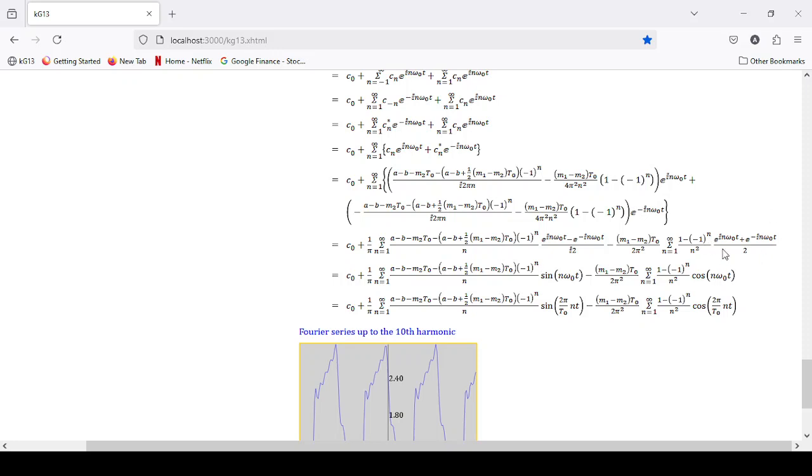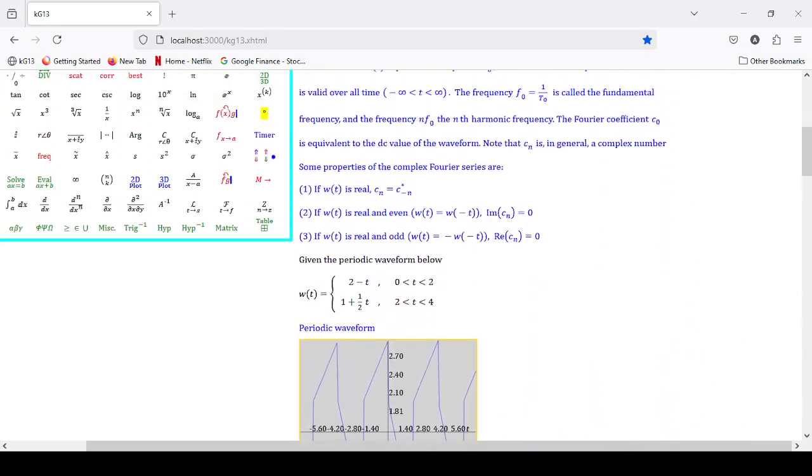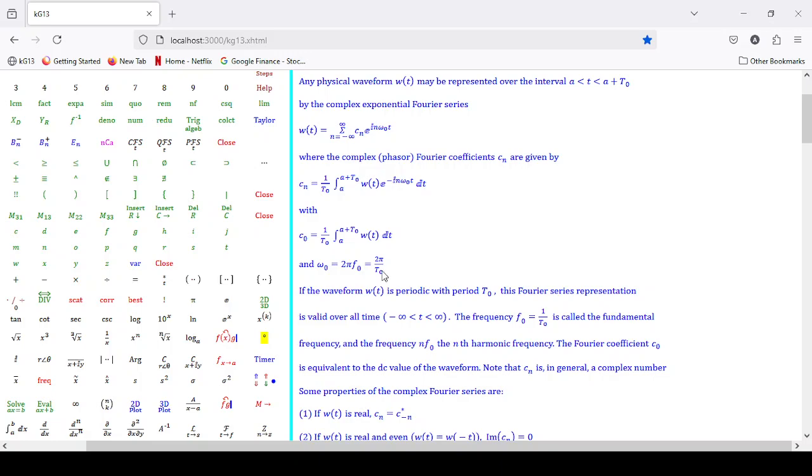That is just the cosine of n omega naught t, again related to Euler's formula. So instead of this, we will say sine, and instead of this, we will say cos. And the omega naught is just 2 pi over T naught, as we have remarked right at the top.